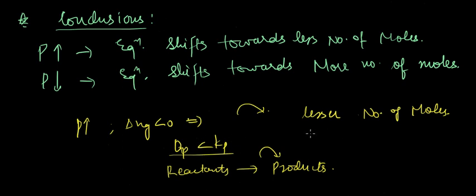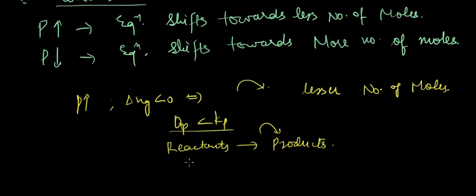Hence, reactants were having more number of moles in this case. That's why they are forming products which had fewer moles. Hence, the reaction was moving towards lesser number of moles, or rather, equilibrium shifts towards lesser number of moles.